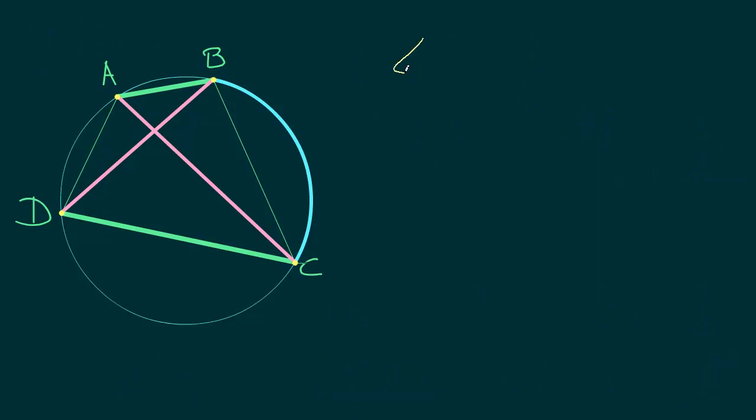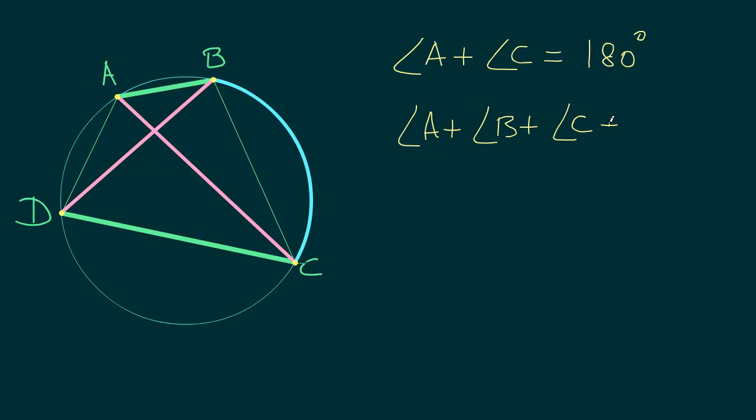Now that we have proved angle A plus angle C is equal to 180 degrees, right? So we know that angle A plus angle B plus angle C plus angle D, all four angles combined is 360 degrees.